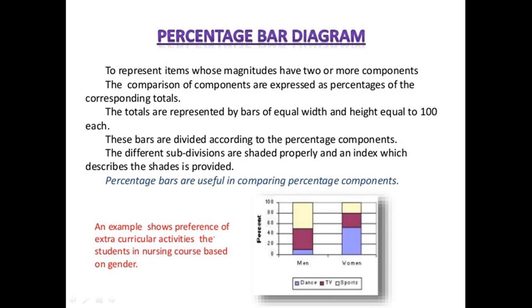An example shows preference of extracurricular activities of the students in nursing course based on gender. So on dance, TV and sports, this is the percentage of data, taking all the percentage as 100, then depending upon their percentage, how many prefer TV, how many dance, that is being represented.